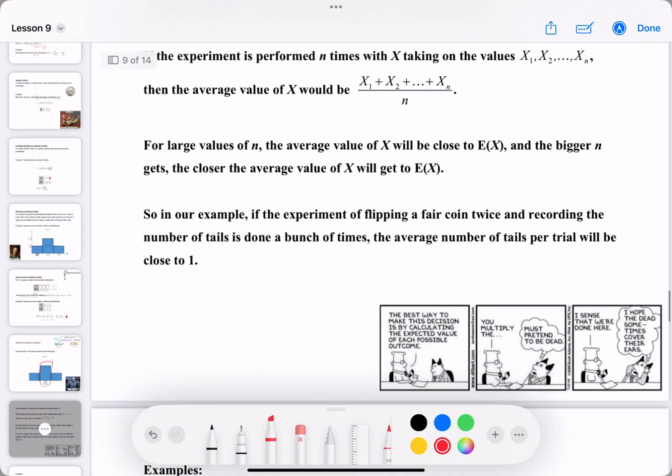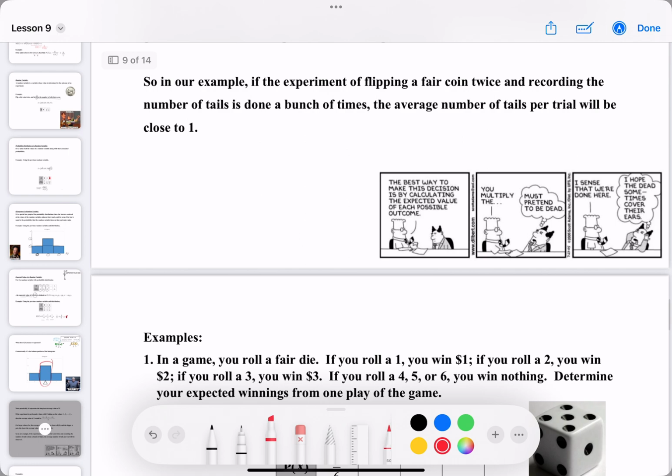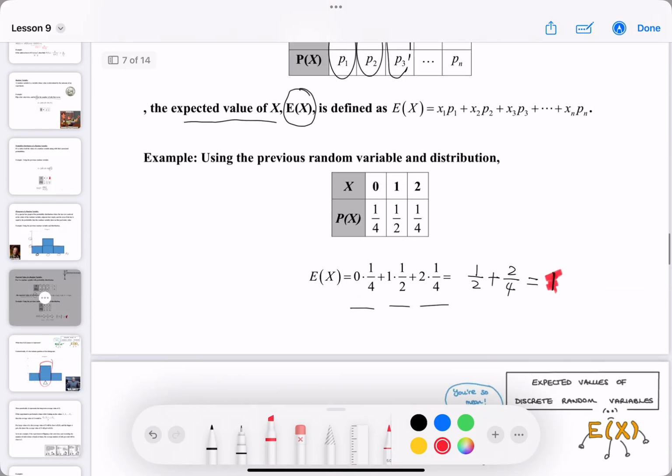So in our example, if the experiment of flipping a fair coin twice and recording the number of tails is done a bunch of times, the average number of tails per trial will be close to 1, because here we found the expected value of X is 1.